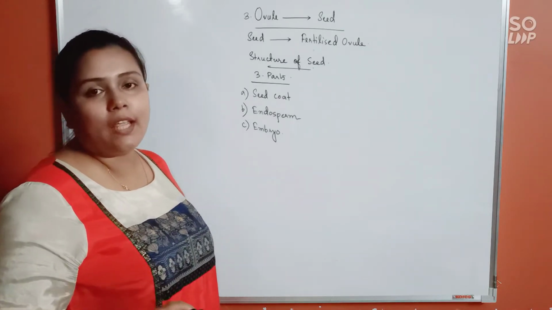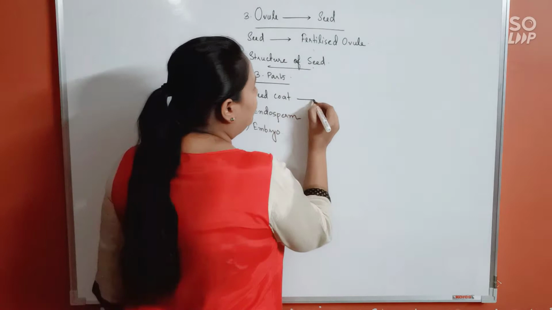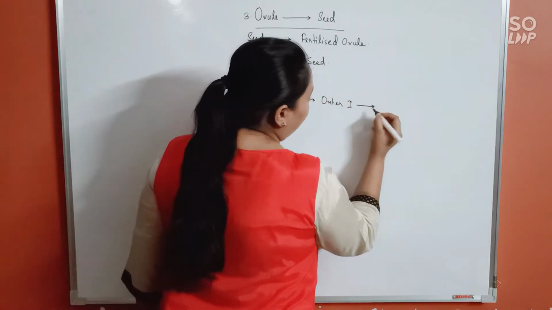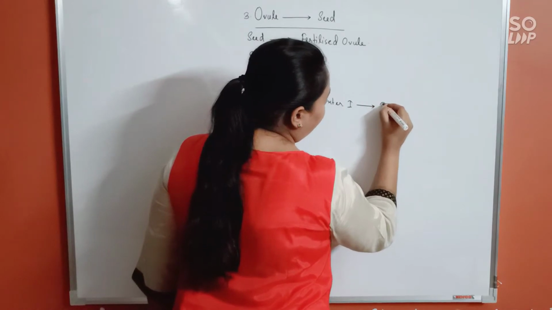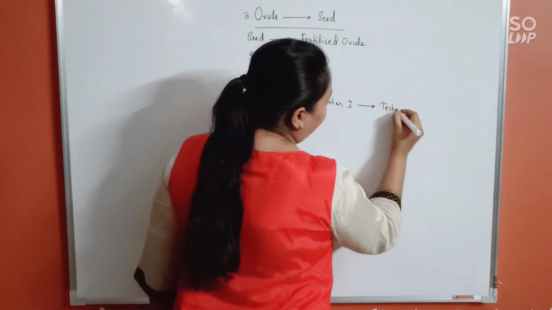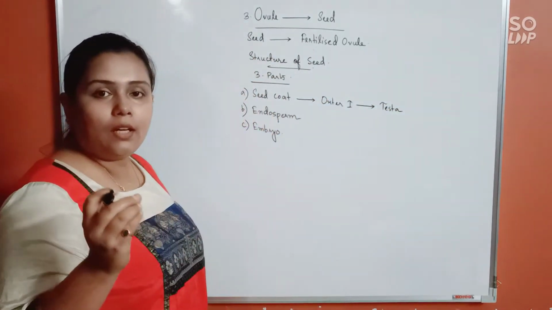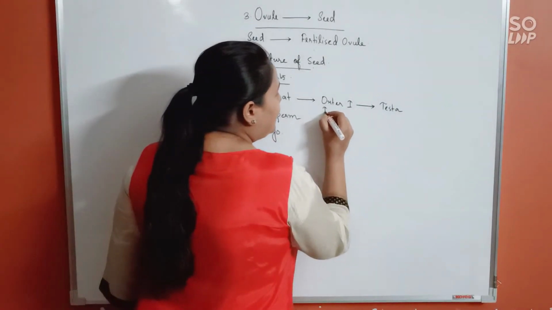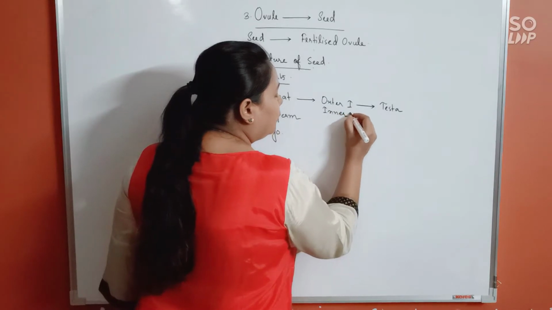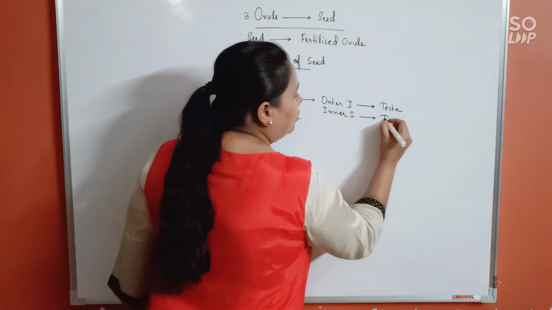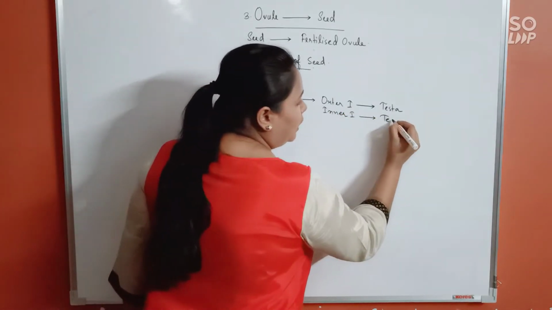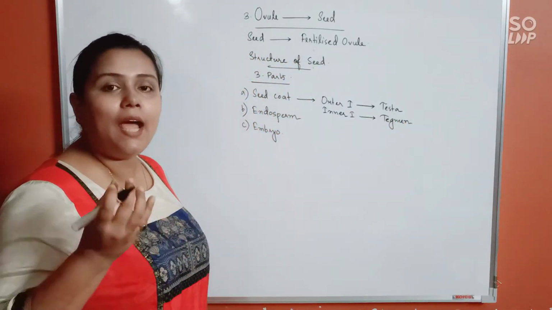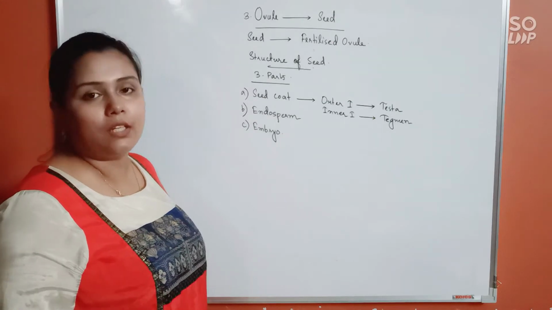The outer integument will give rise to the outer layer of the seed coat, that is called testa, whereas the inner integument will give rise to the inner layer of the seed coat, that's called tegmen. So testa and tegmen together make up the seed coat.